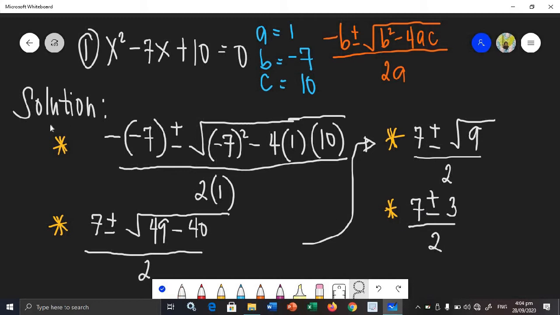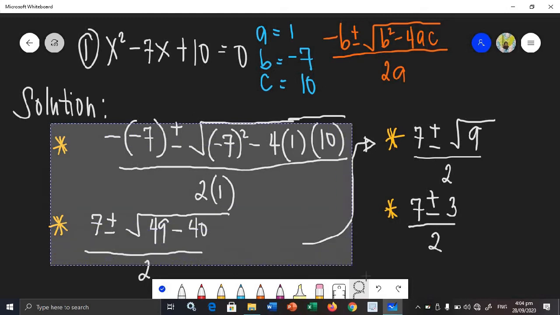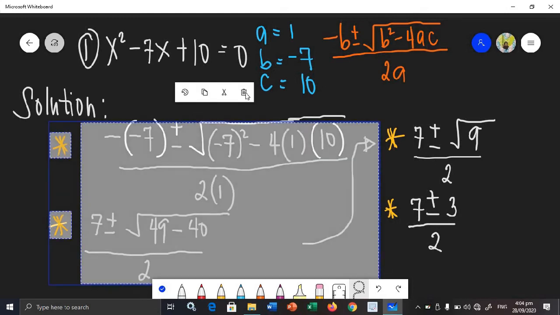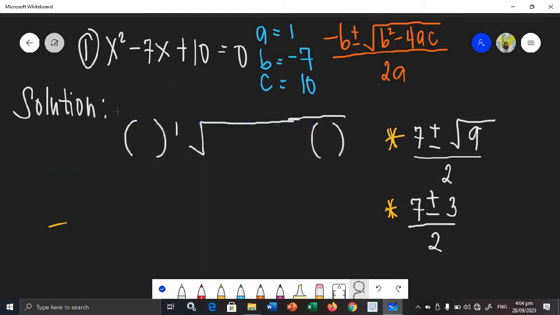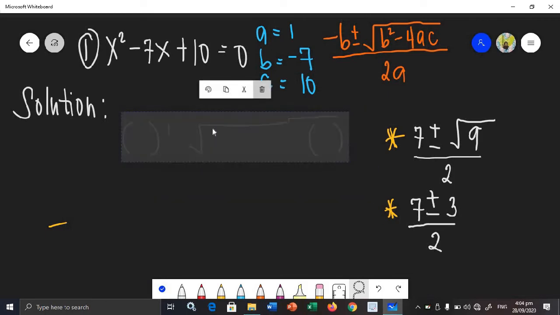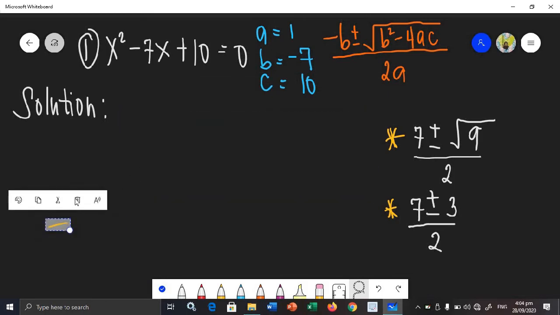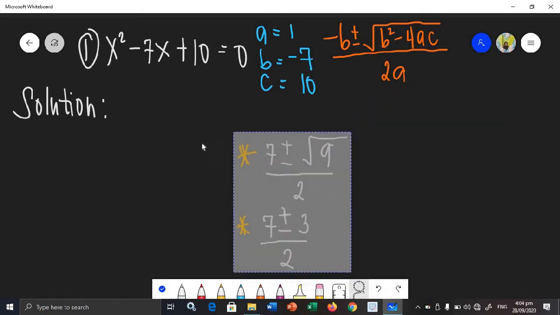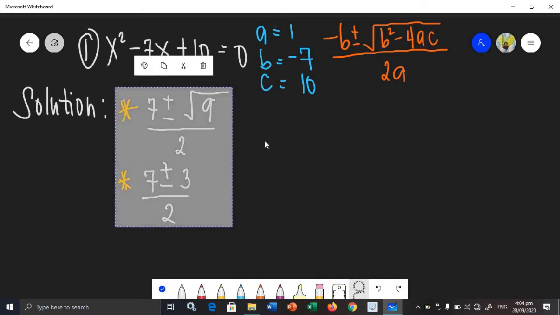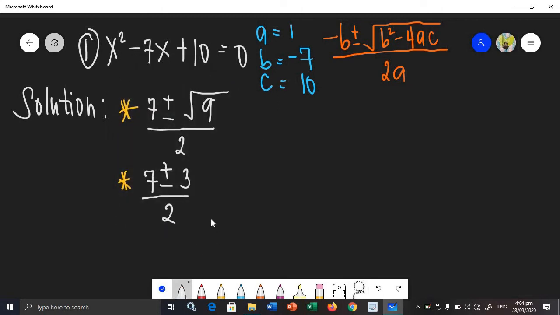I am going to delete this part so we have more space. And I'm going to move this solution here. Now, we have this solution. I'm going to continue this here.